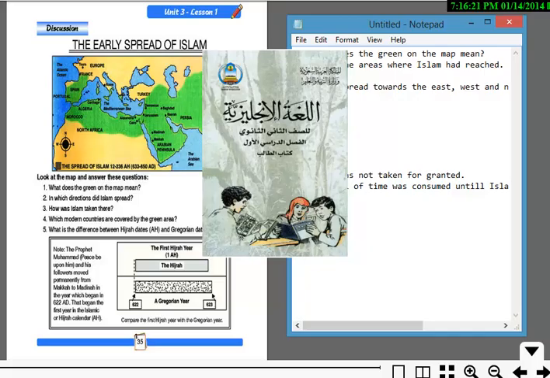Now, number 4. Which modern countries are covered by the green area? Modern countries. The green area, and you're going to use the same verb, covered, covers the Gulf countries.